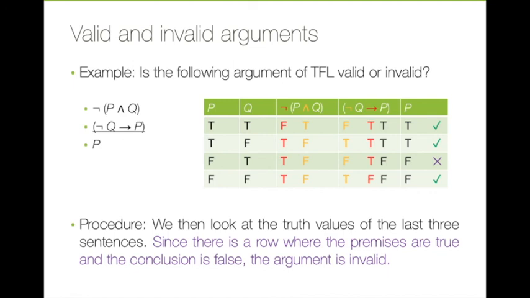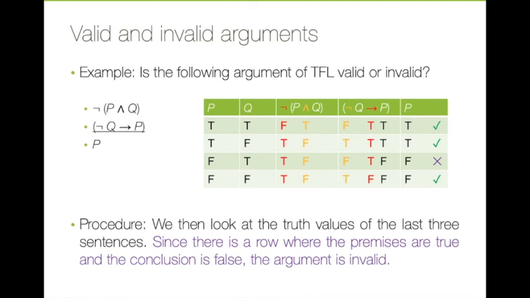That shows that this set of sentences fails our entailment test. So I've marked it here with an X. This shows the conclusion is not entailed by the premises, since it can be false when the premises are true. That means that the argument is invalid.